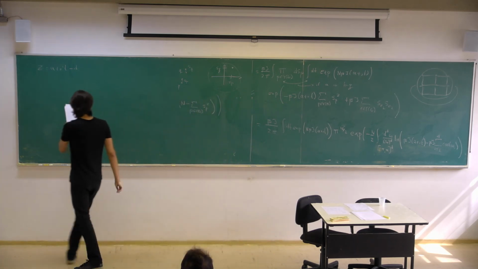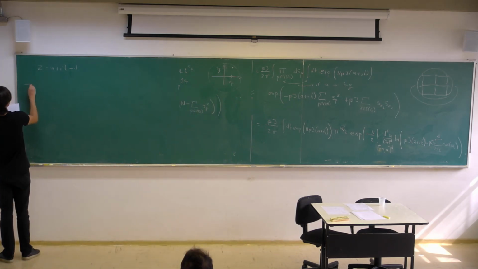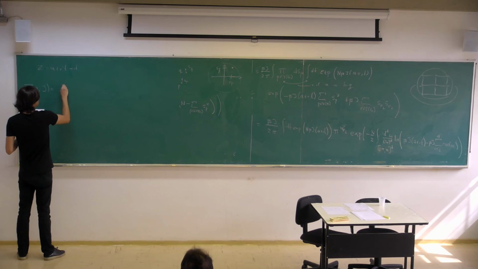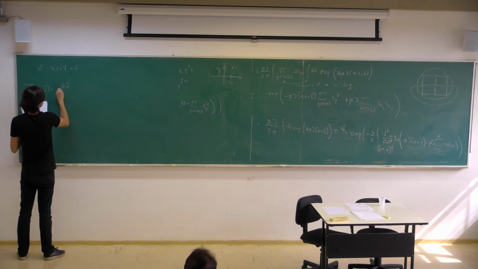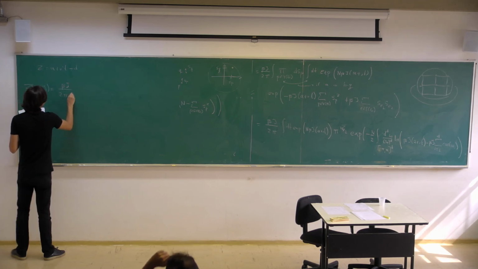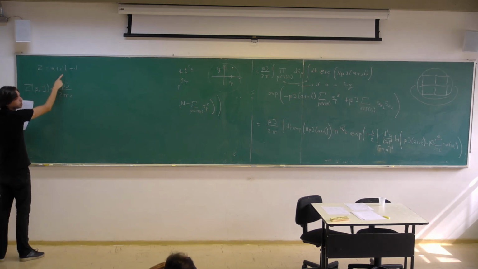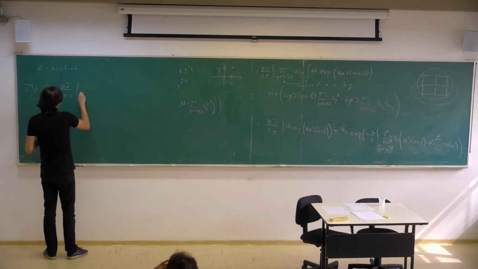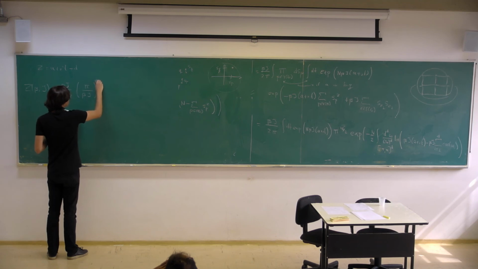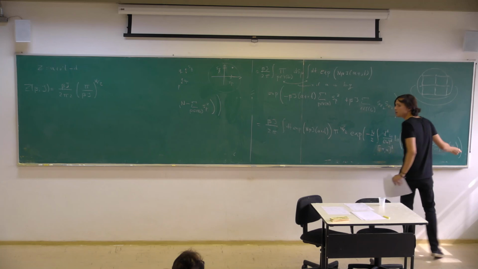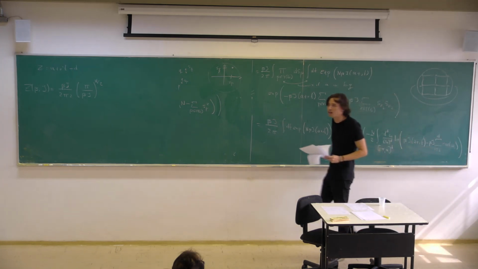Once I do that substitution, what I get is that the partition function at beta comma j equals beta j divided by 2 pi i. This i comes because dz equals i times dt. Then I get a pi divided by beta j to the n halves. So that's the pi of Gaussian integration, and this beta j is because it multiplies all the eigenvalues, so it comes out of the determinant with an n halves.